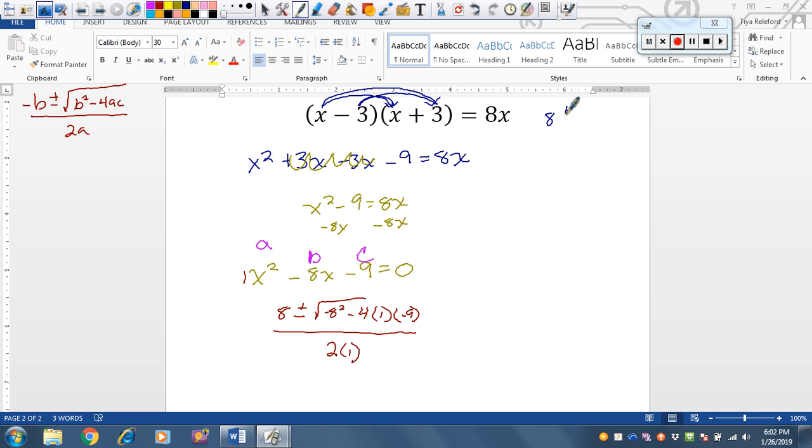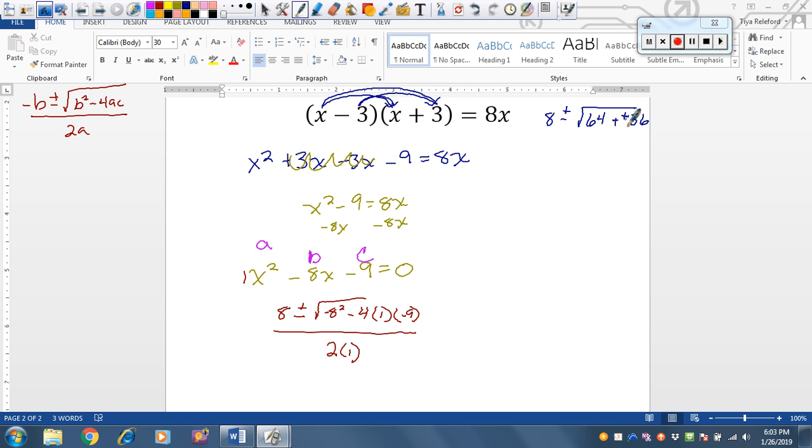So I have 8 plus or minus negative 8 squared is positive 64 minus 4 times 1 is 4 times negative 9 is negative 36. So minus negative 36.